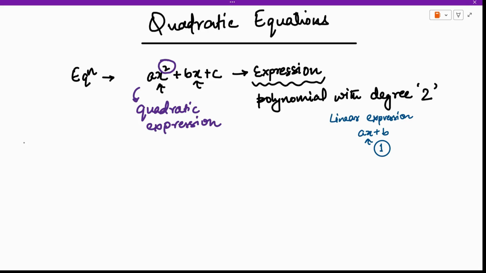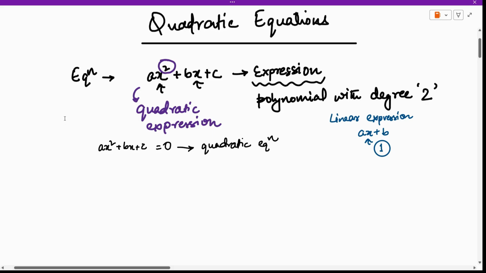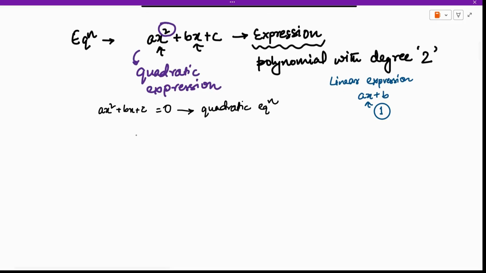So, if this quadratic expression ax square plus bx plus c is equated with 0, this becomes a quadratic equation. There are some basic formulas which are related to quadratic equations, and some are as follows.